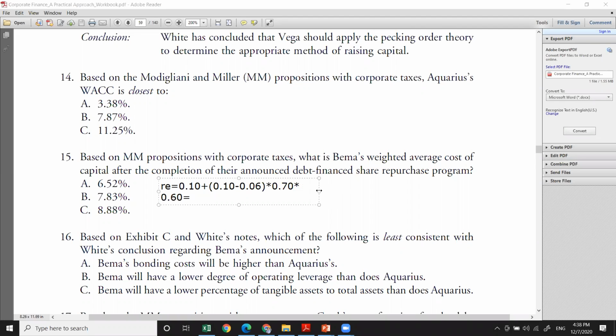The cost of equity would be equal to 0.1168.